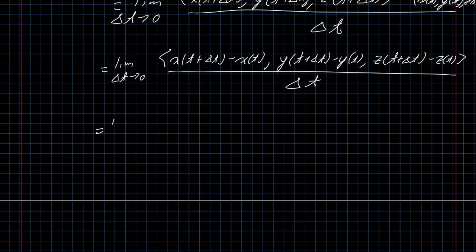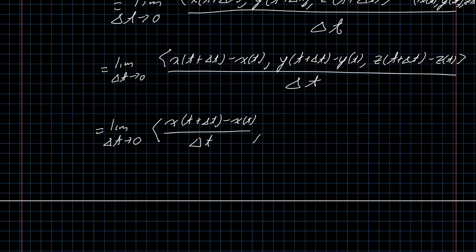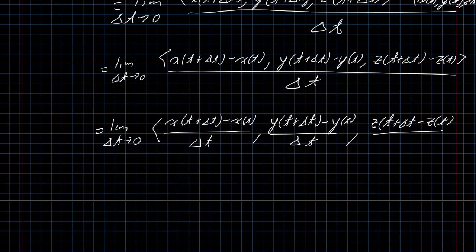And when you divide a vector by a scalar, you divide each component by that scalar. So this is the limit as delta t goes to 0 of the vector with x component x of t plus delta t minus x of t all over delta t, y component y of t plus delta t minus y of t all over delta t, and z component z of t plus delta t minus z of t all over delta t.